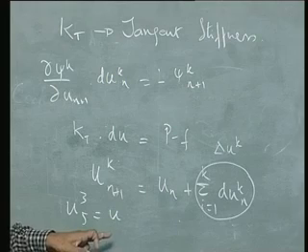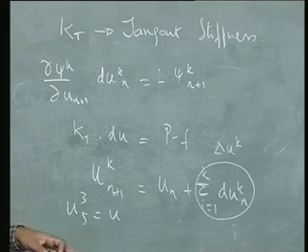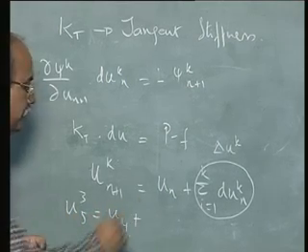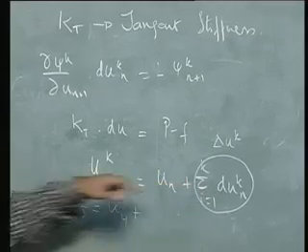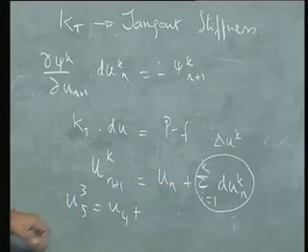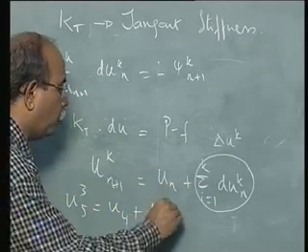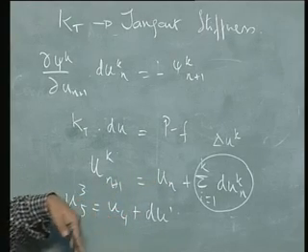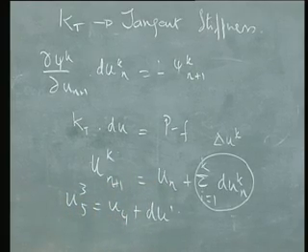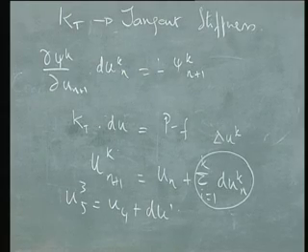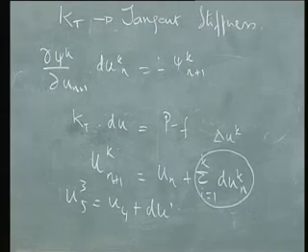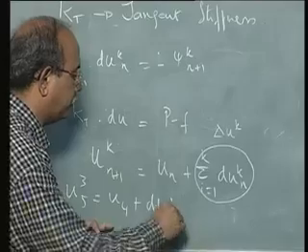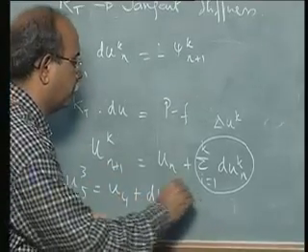It won't be u2, it will be u4 plus, I had already calculated du for this, so this will be du1 at the 4th to 5th, when I'm going from 4th to 5th. Or if you want you can write that as 5.